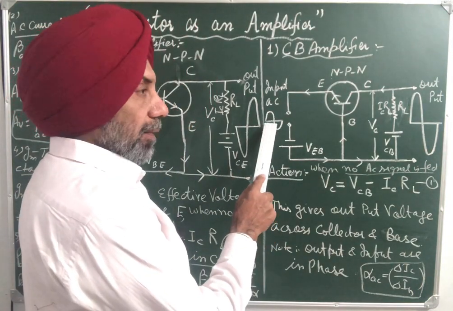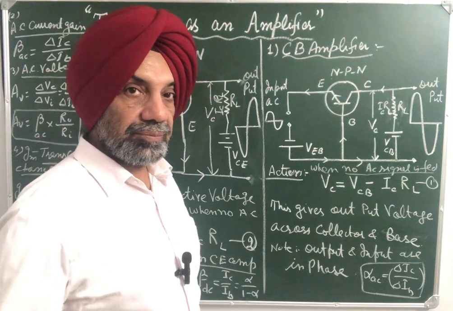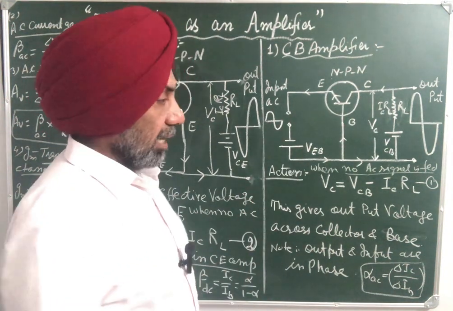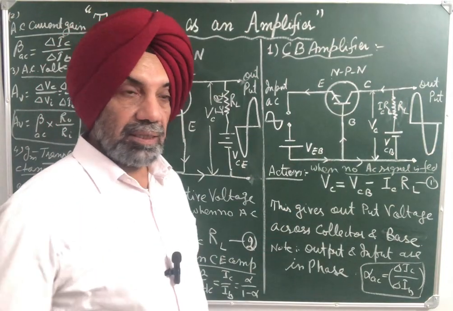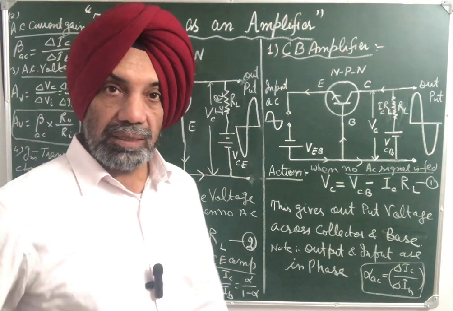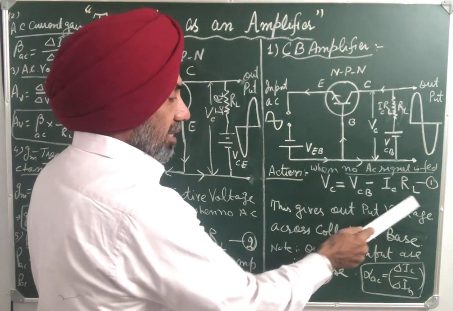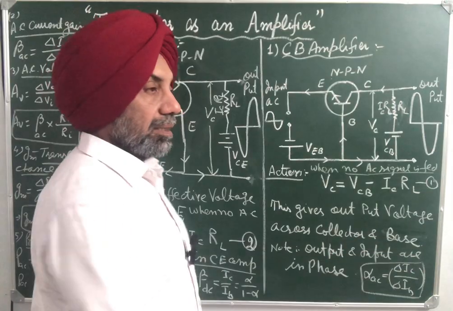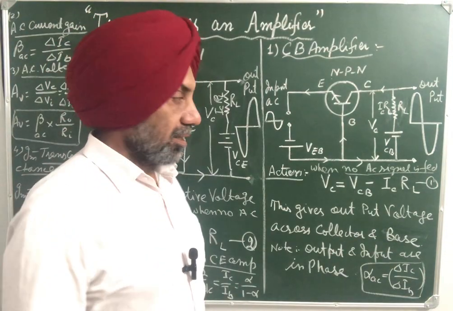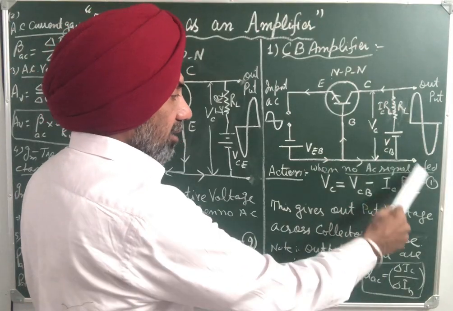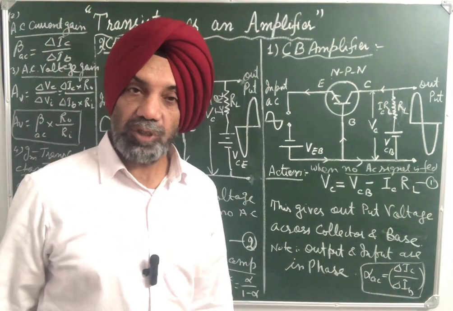Now, similarly, when the negative half cycle falls, this negative half cycle adds to the forward bias. As a result, forward bias increases, emitter current increases, collector current increases. If IC increases, ICRL increases. If ICRL increases, this negative factor dominates.